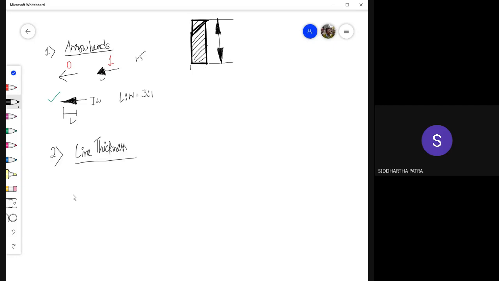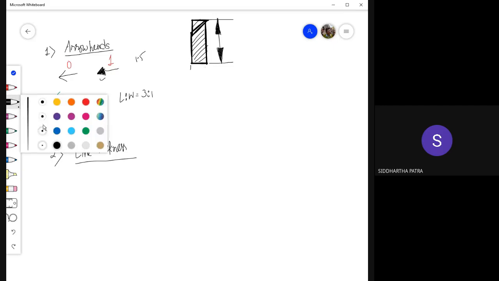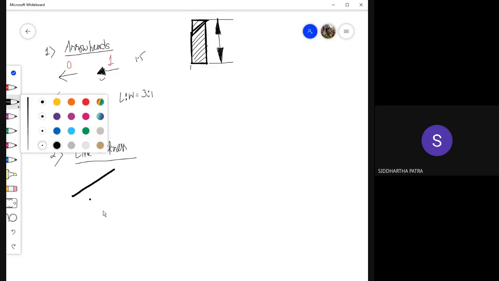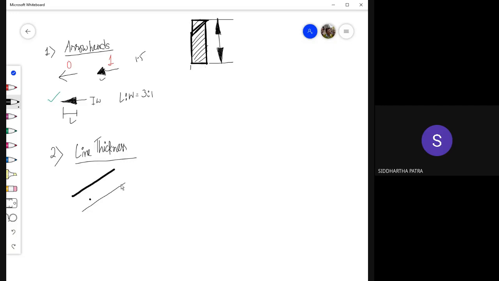First of all, you should be in a position to distinguish between a thick continuous line and a thin continuous line, okay. Both should be equally dark, but one of them should be thick, the other one should be thin. Okay, and none of them should be smudgy.